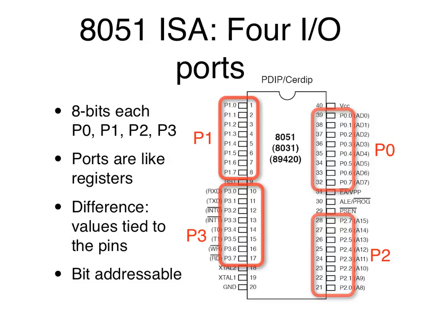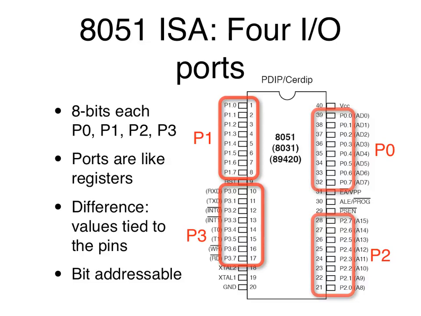Now, of course, we're working mostly with SMT and other packages, and they don't look like this anymore. But it's still useful to know what this used to look like. Now, the original 8051 had 40 pins, 20 on each side.